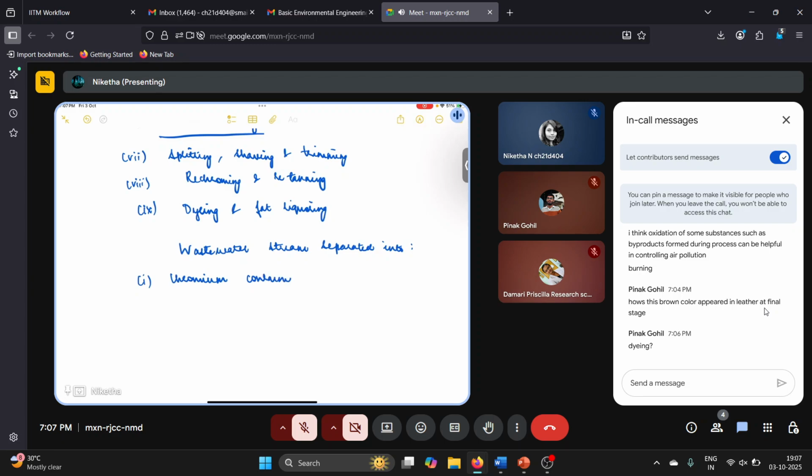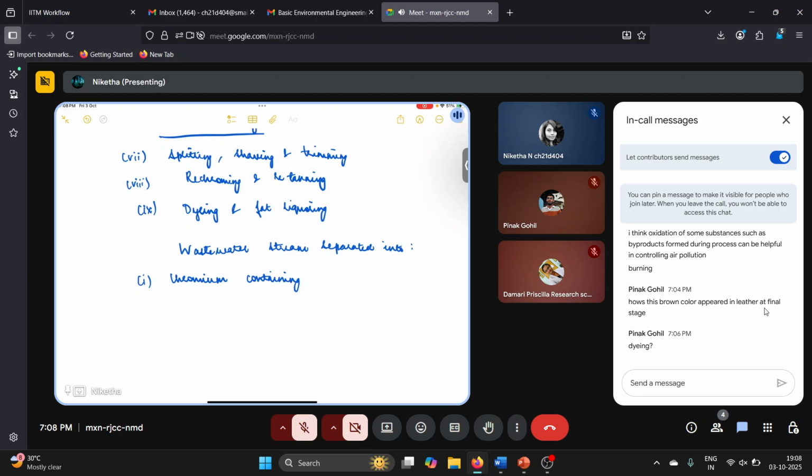Like I said, chromium is a heavy metal which is carcinogenic. So this stream of water which contains chromium is separately collected and it is treated separately because the treatment involves steps which are additional to the usual treatment process. So that is why it needs to be treated separately.